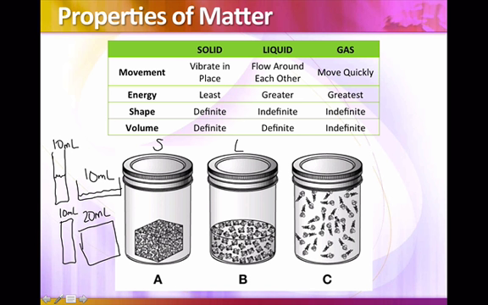There would be lots of space between them, and they would be taking the shape and the volume of the container. So those are representations of a solid, a liquid, and a gas. Make sure you draw those or something like those in your notebook so you can remember. These are vibrating in place, flowing around each other, and moving very, very quickly.